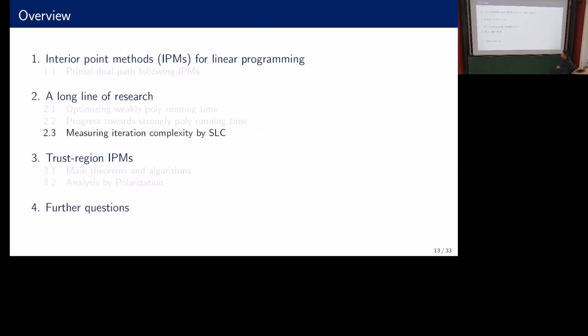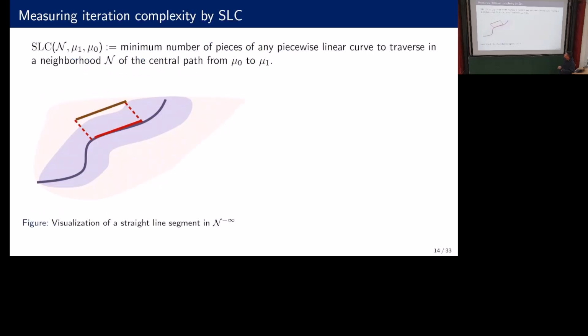And perhaps a new measure of iteration complexity is something called the straight line complexity, which I denote by SLC for short. The definition is the minimum number of pieces of any piecewise linear curve that traverses a neighborhood around the central path to reduce the duality gap from mu0 to mu1.